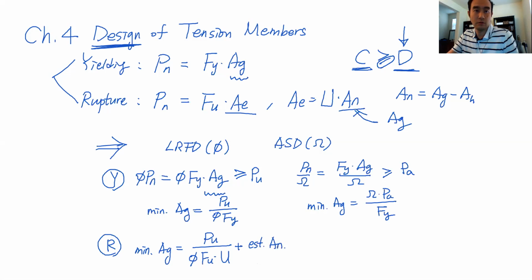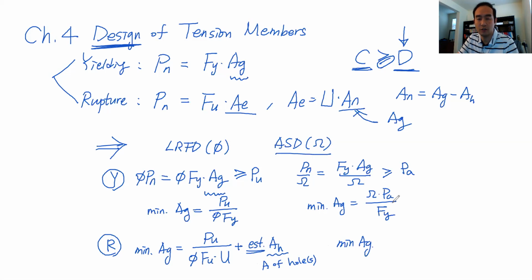It's not An, it should be Ah. So this is going to be the area of holes. And this is an estimation because we do not know how many holes are required and needed. Similarly, we will have a similar equation for minimum Ag against the rupture limit state using ASD.